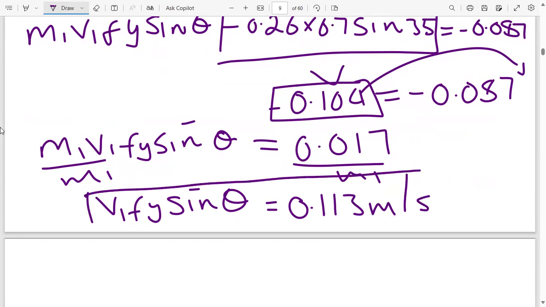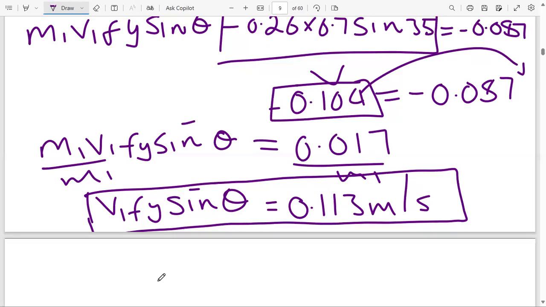So this is the equation that we are getting in the y-axis. Now we have two equations, both in the x and the y-axis. So what are we doing next with these two equations? We're now going to bring about our knowledge from vectors.